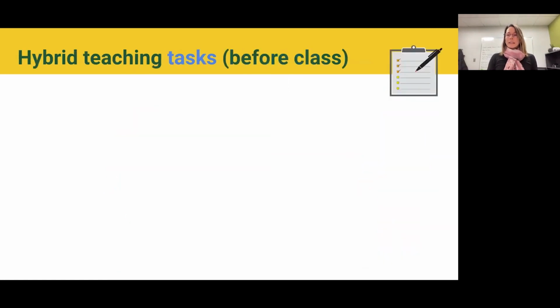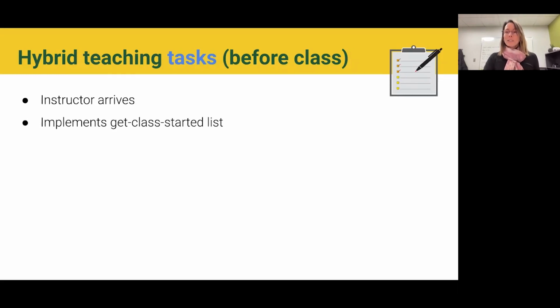So here are some of the things that an instructor does before class. Before class, the instructor arrives at the physical classroom and implements their get class started list. I'll tell you about that shortly. The instructor sets up hardware and software. This could be a laptop, camera, microphone, tablet, stylus, phone, and probably a lot of cords as well.